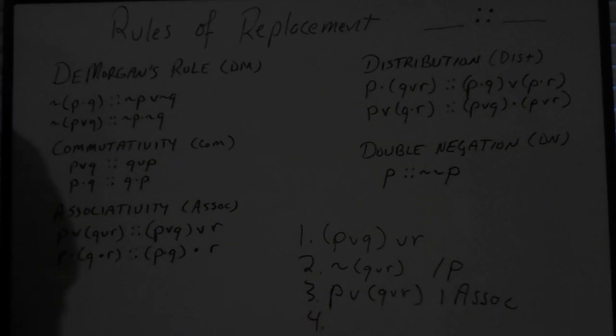Or if you preferred to use it, you could use the commutativity here too, make that (Q or R) or P. Again, I would not require this of anybody, but if you chose to put that in there, you could.